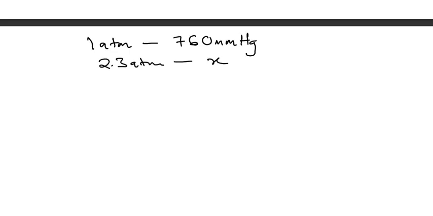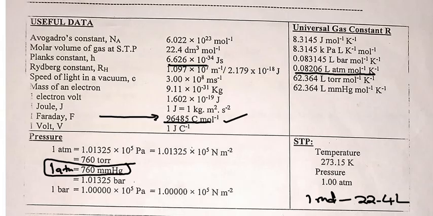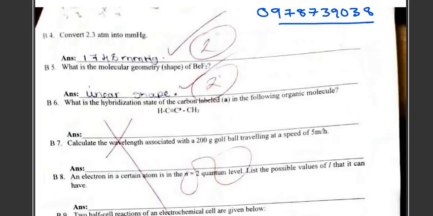So we're just saying 1 atm is simply the same as 760 millimeter mercury. So we're having 2.3. So we do the cross multiplication, 2.3 by 760. This is the answer that we are getting, 1748. This is what you get.